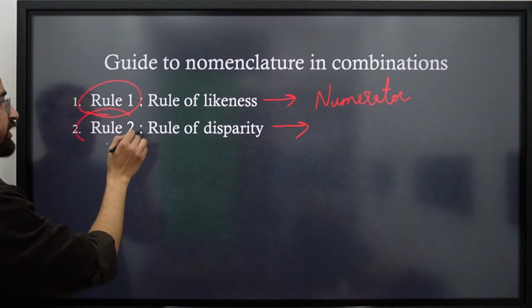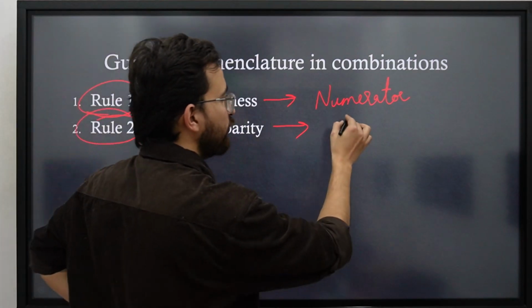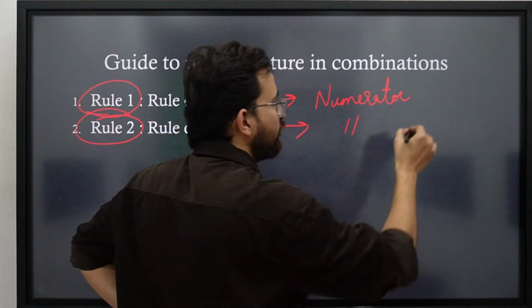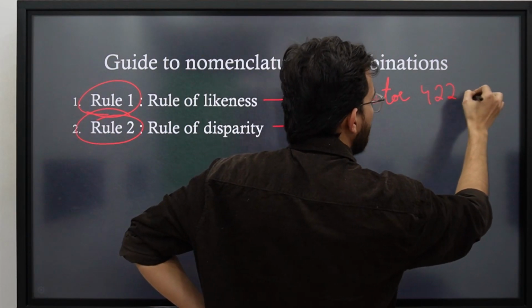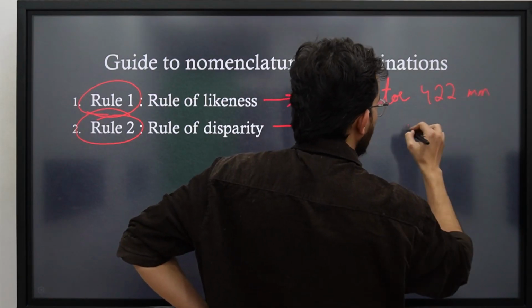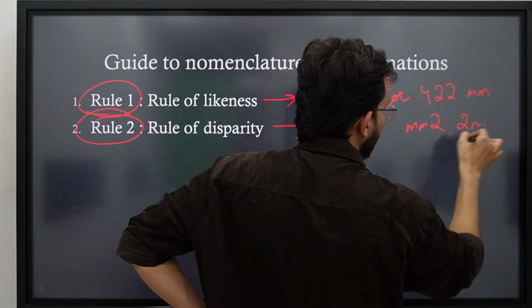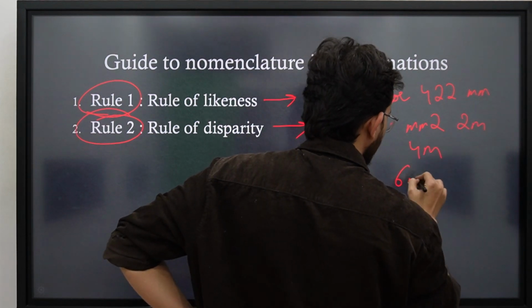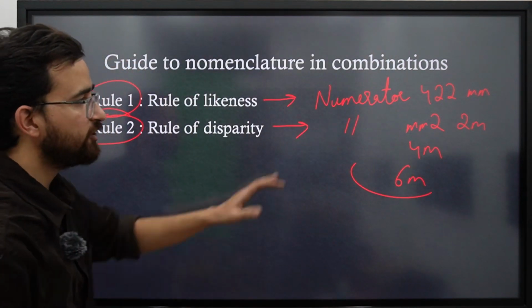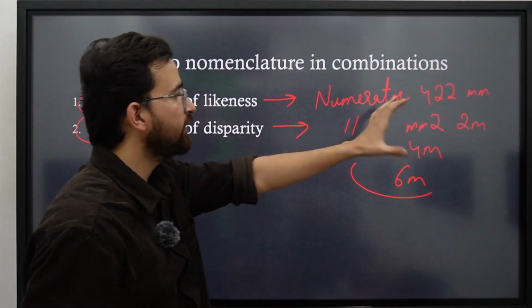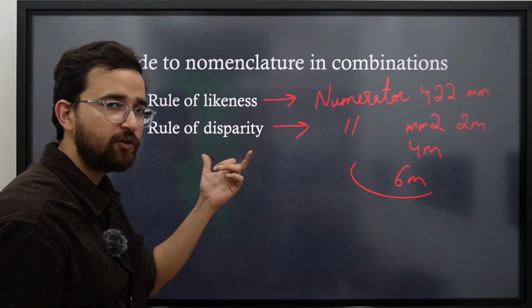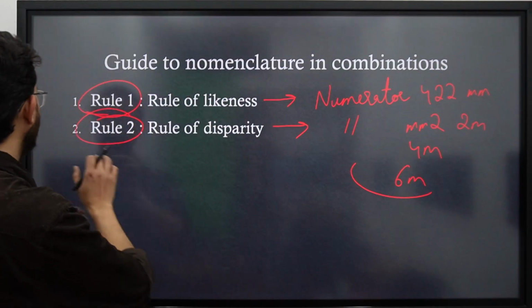So when you talk about these two rules, what are you talking about? You're talking about numerators only. You're talking about 422, mmm, mm2, 2m, 4m, 6m. Okay, all these things. When you're talking about only a numerator, you have to follow the rule of likeness or the rule of disparity.